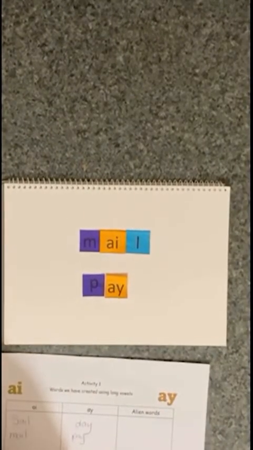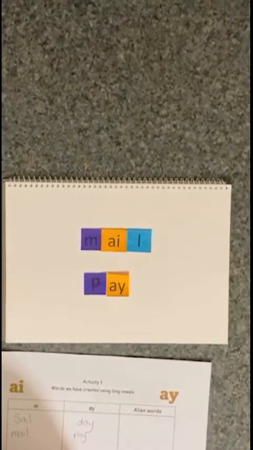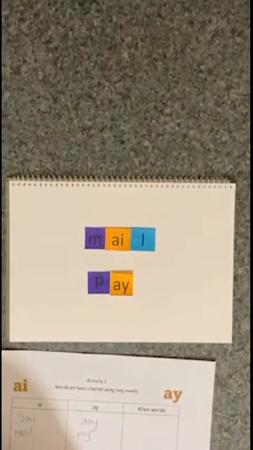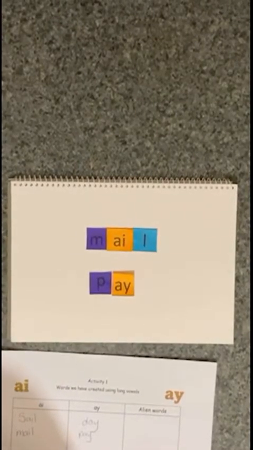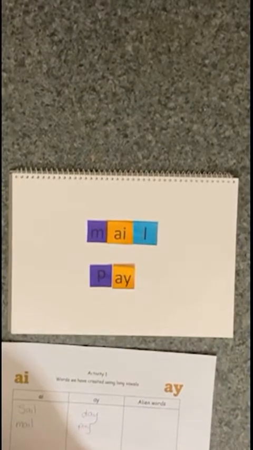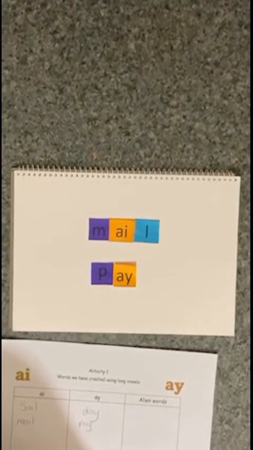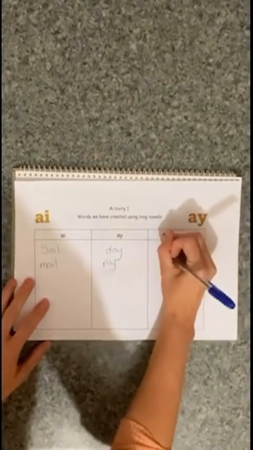If I was to put a W sound and a B sound in front of the long vowels, is that a word? It would be w-b-a. No, that's not a word. It must be an alien word. So let's put it in the alien column.